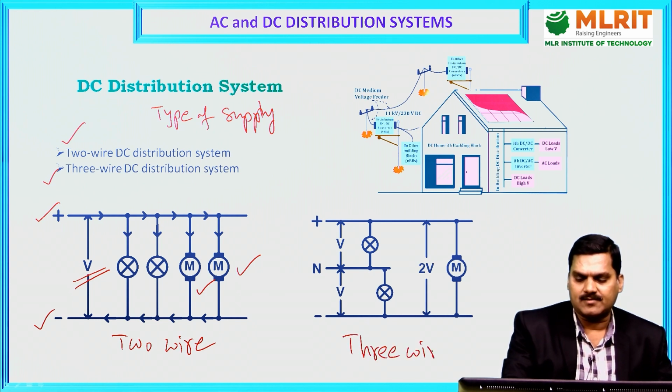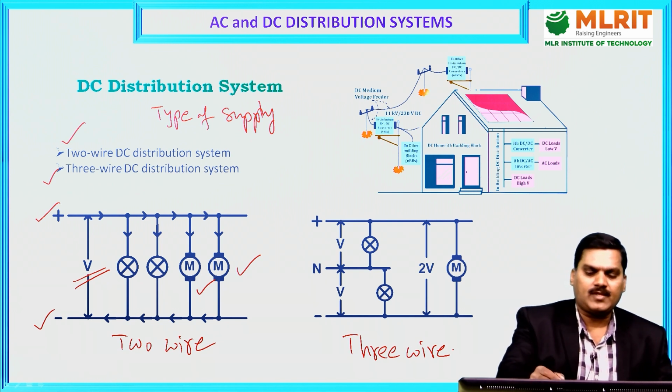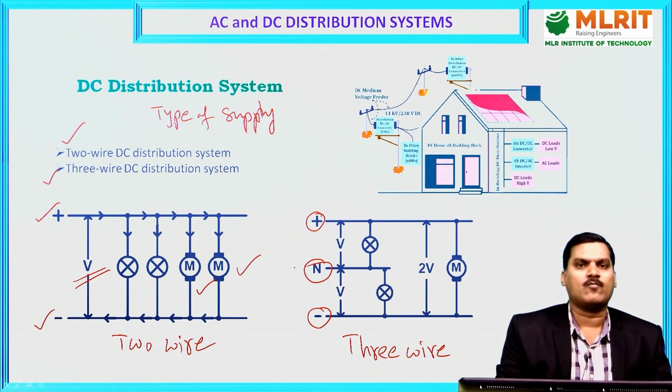Whereas if you see, this is a 3-wire system. The difference between this and this is, we have a positive conductor and a negative conductor, and one more conductor is created here, a neutral one.